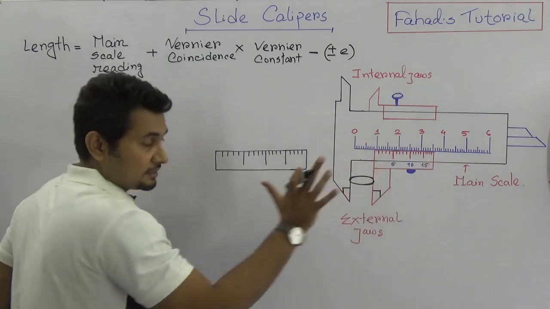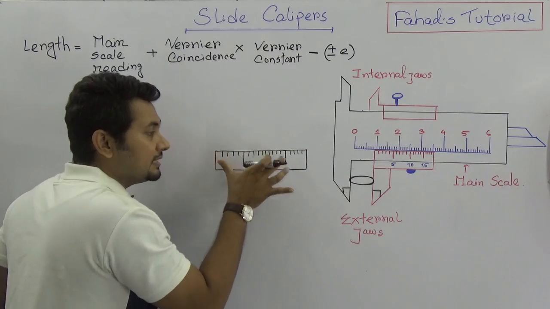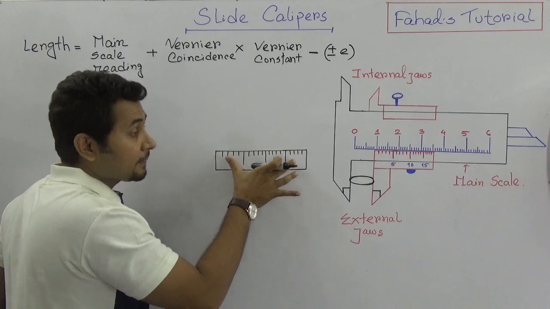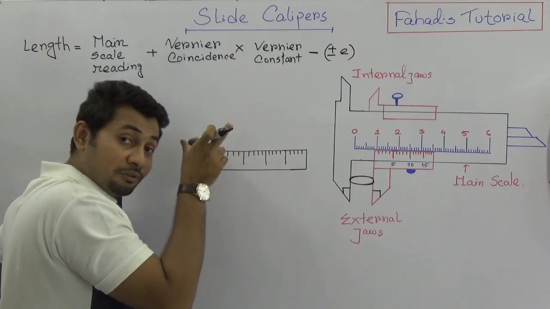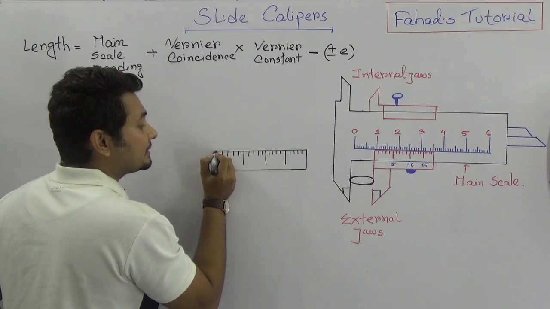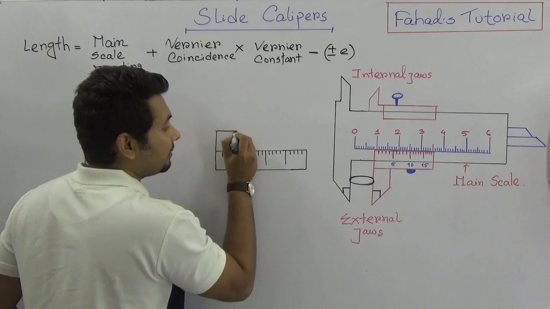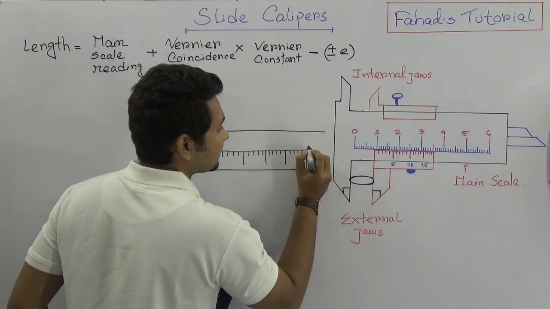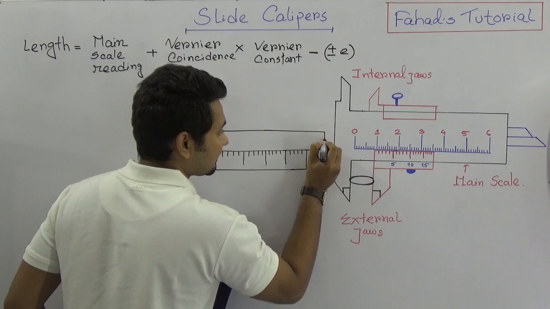This 20 is the marking for the Vernier scale, but it is equivalent to 19 spaces of the main scale.